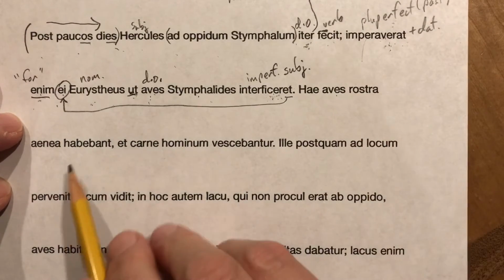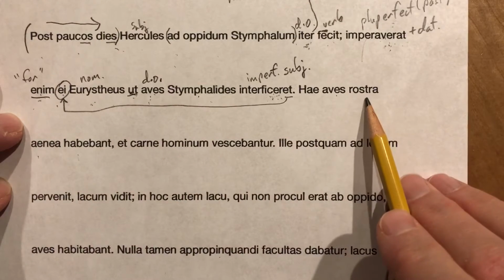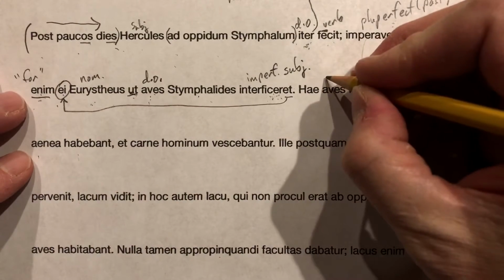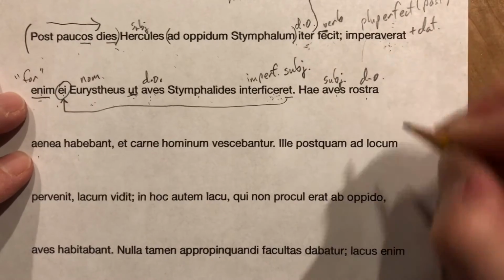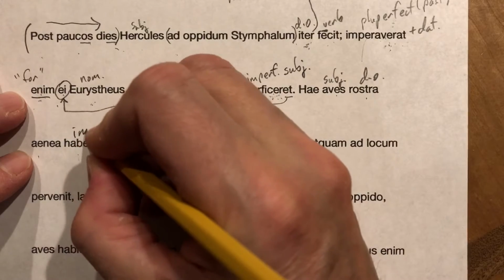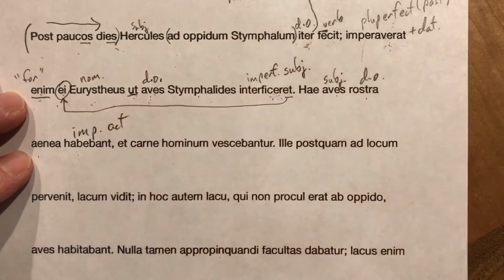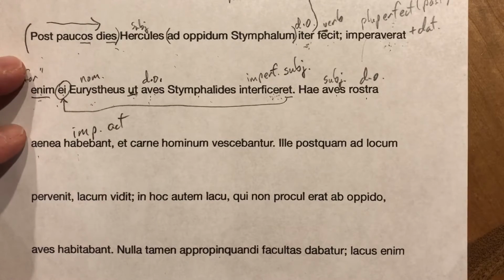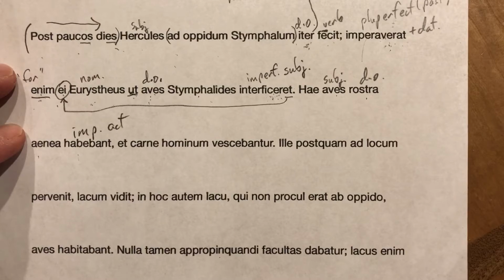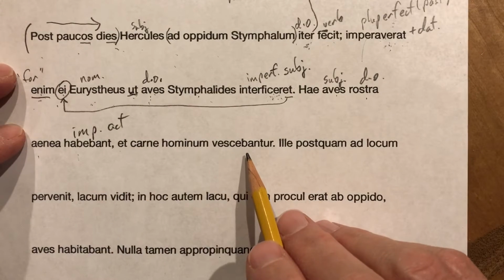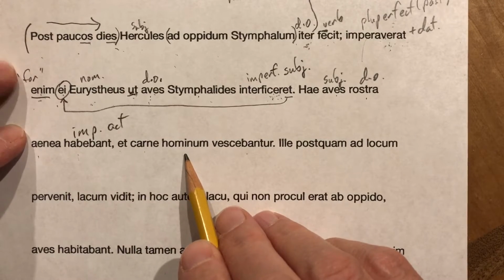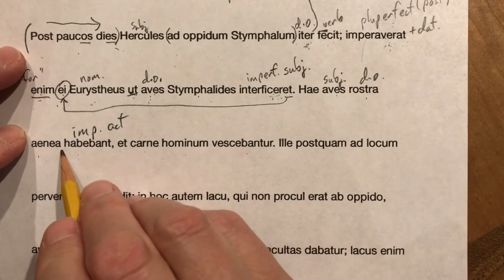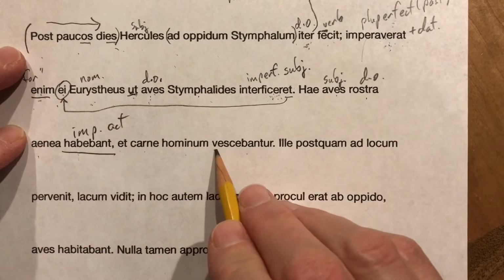These birds had bronze beaks. Super easy. Subject. Direct object right there. Verb at the end. This is imperfect. Active. Indicative. And we're going to see a lot of imperfects coming up, so keep your eyes peeled here. And they fed on the flesh of people. Yeah. Okay. Like I said, imperfect here.